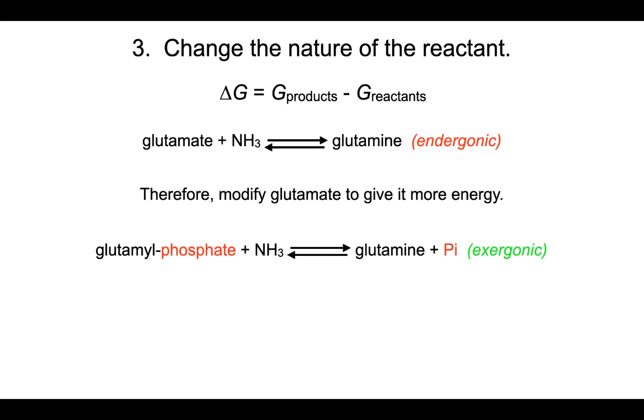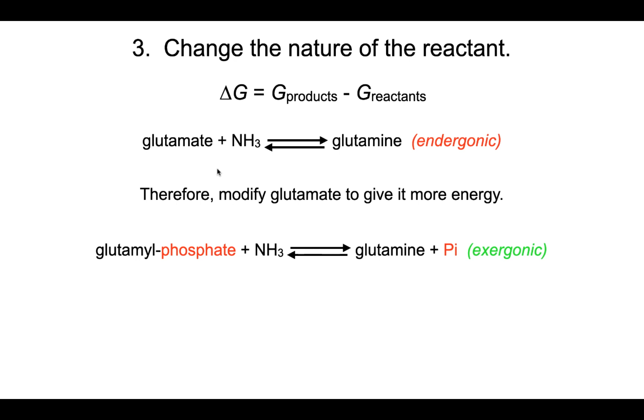The last way in which we can take an endergonic reaction and convert it into an exergonic reaction depends upon you having that very fundamental understanding that, on a very simplified level, we think of delta G as the energy in the products minus the energy of the reactants.